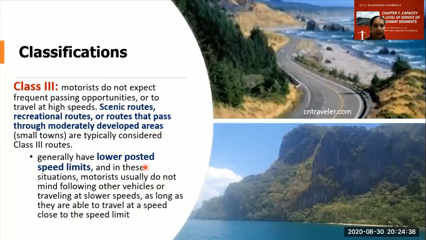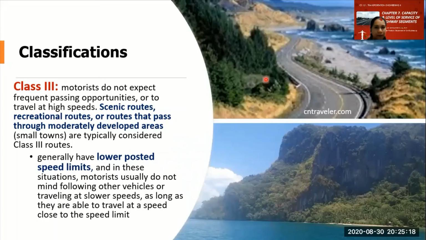How about Class 3? In Class 3, you can see nice scenes here, right? I hope that you have observed this in the pictures that you can see here on the right. The keyword for Class 3 is scenic routes or recreational routes. When motorists use Class 3, they do not expect frequent passing opportunities or to travel at high speeds, because when you are looking at nice sceneries while driving, you have to slow down.